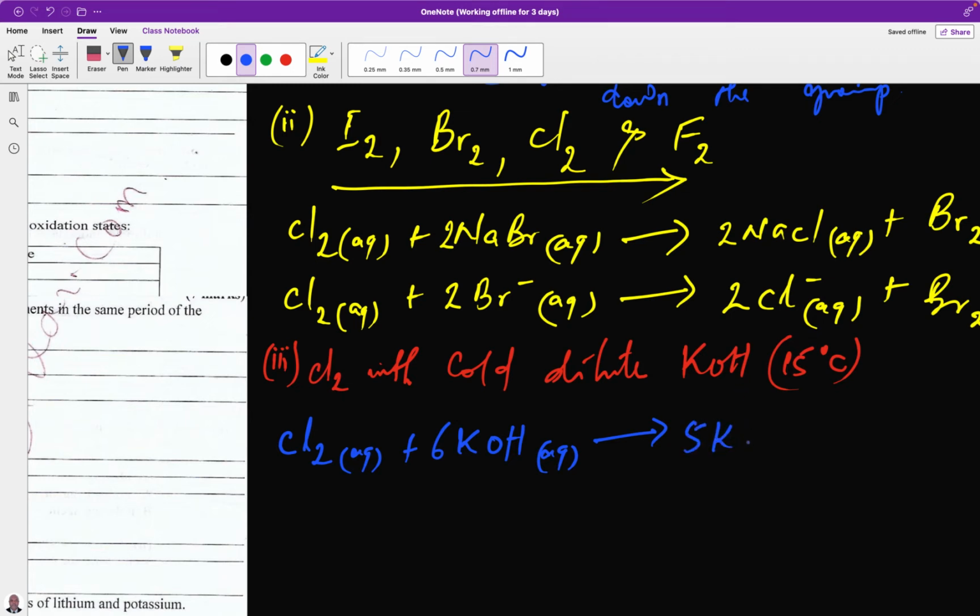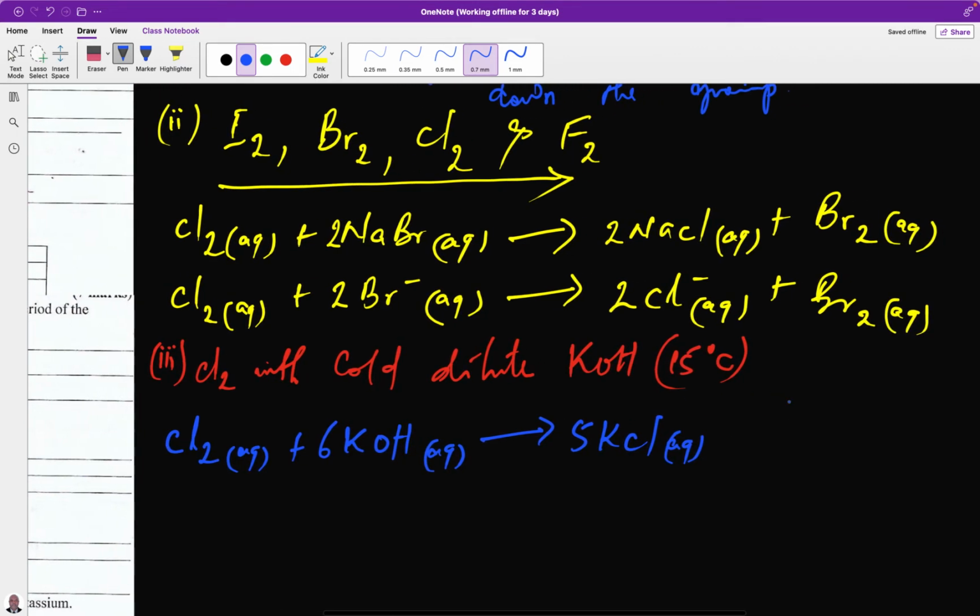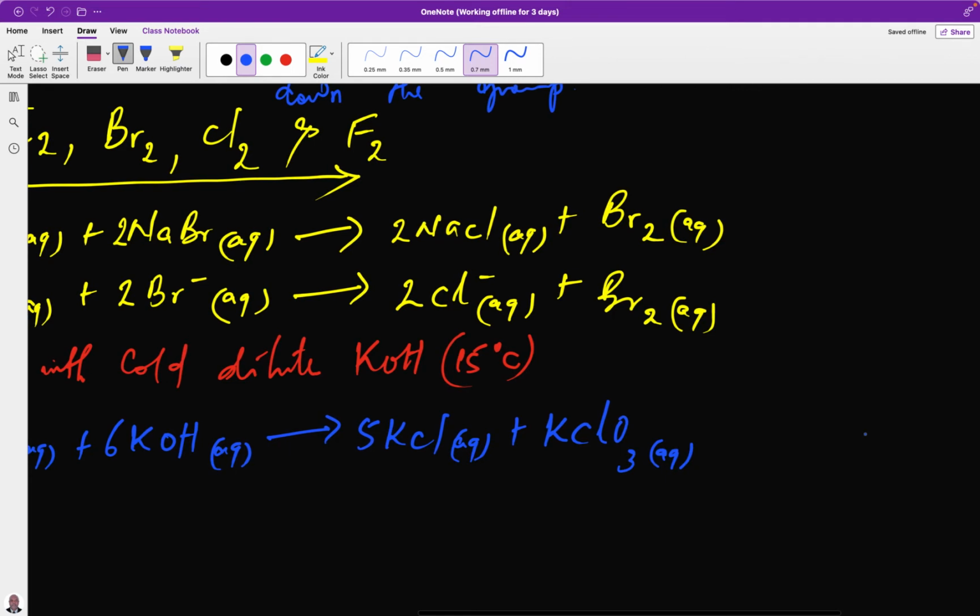Potassium chloride will be formed. That will be the salt that will be formed, plus KClO3 aqueous, and 3 moles of water that will be formed.